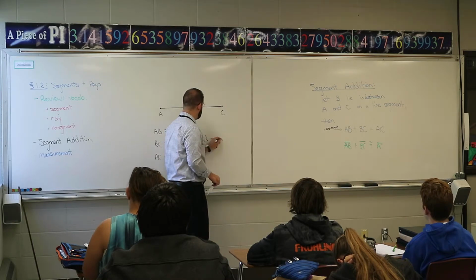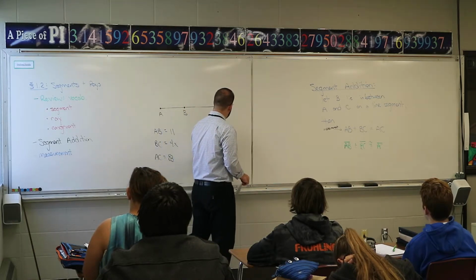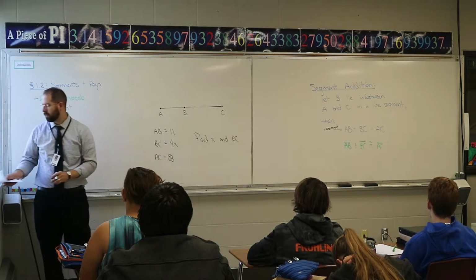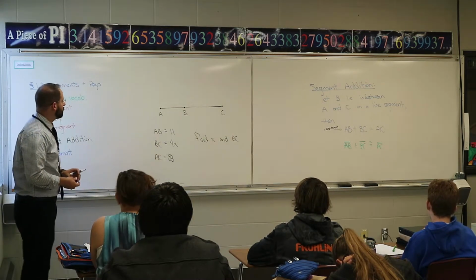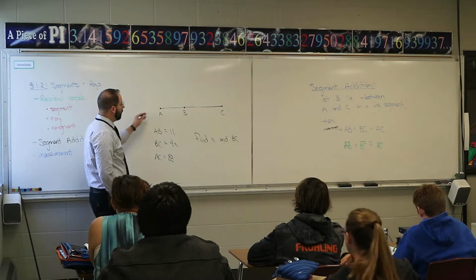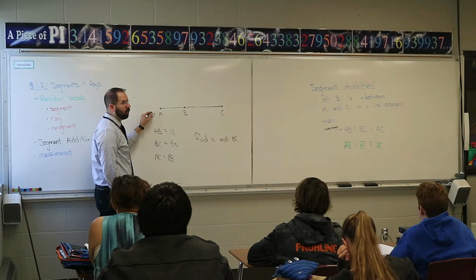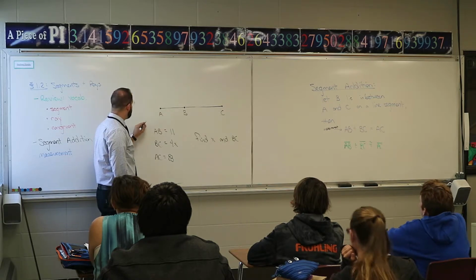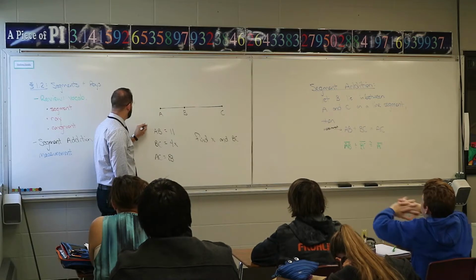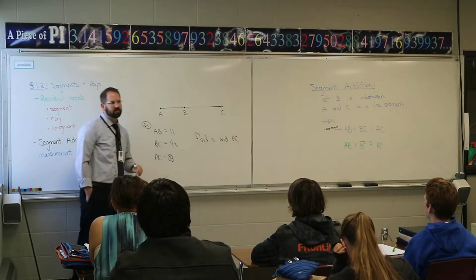Find x and BC. This is our first problem. This is what the book would give you. They'd give you a mock picture up above, hopefully. That's problem number 10 in your book.